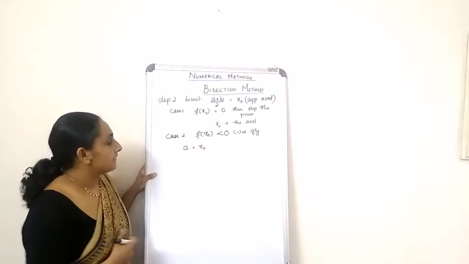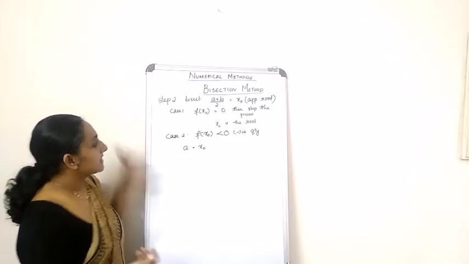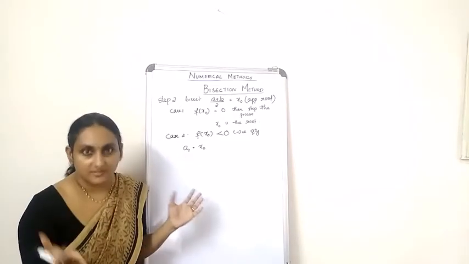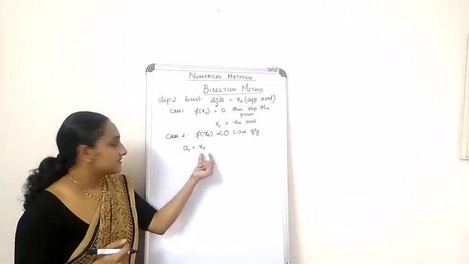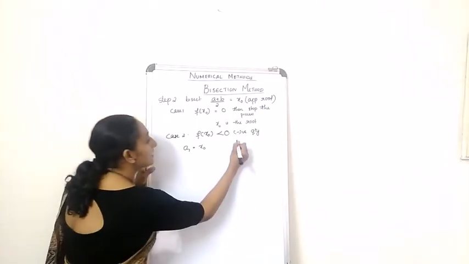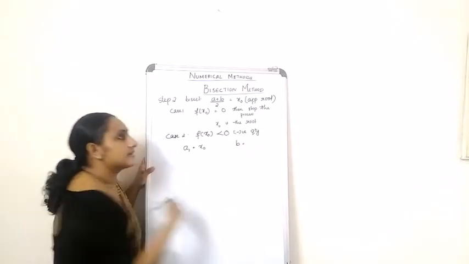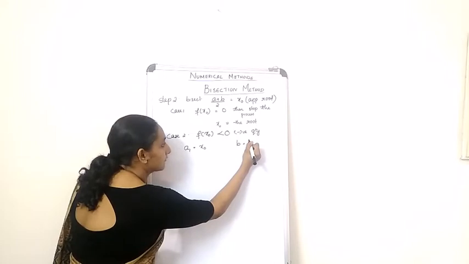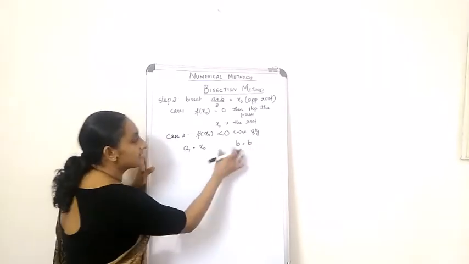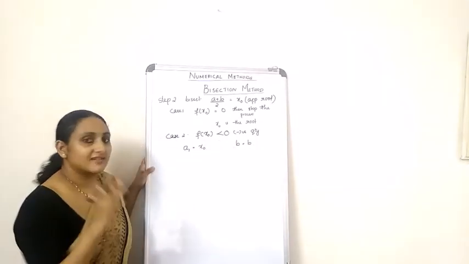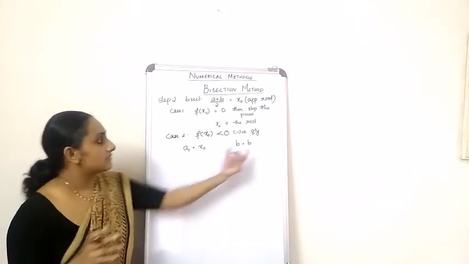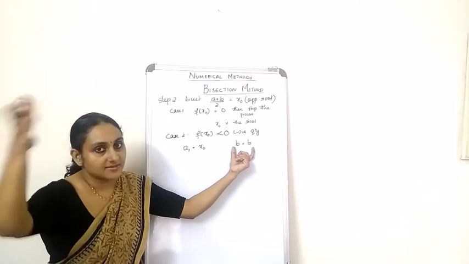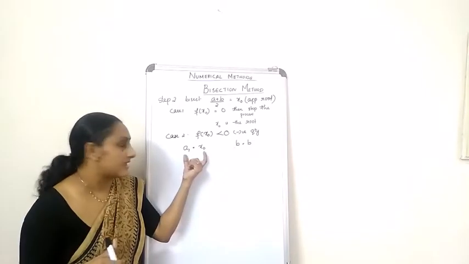Here I would like to say that in step 2, I am going to address A as A1. That is the new interval. A1 is equal to x naught, and B, the old interval's B, I am keeping as B itself, because if f of x naught is less than 0, a negative quantity, I am not going to change the point B. I am only going to change the A part.